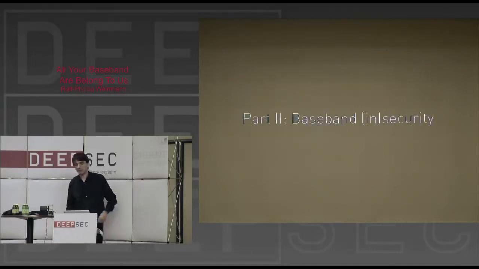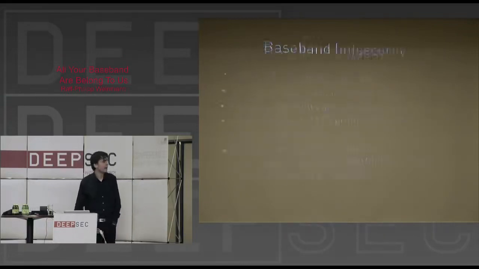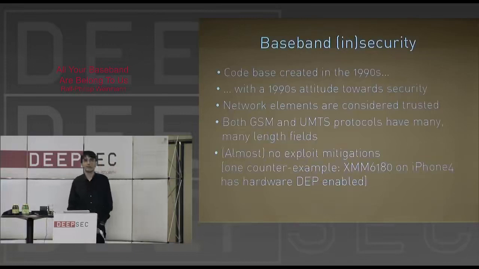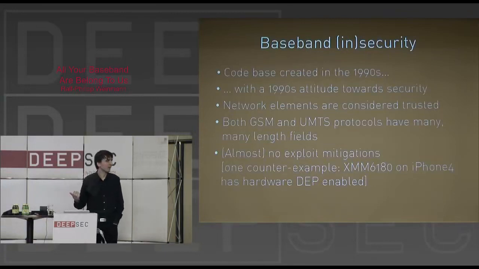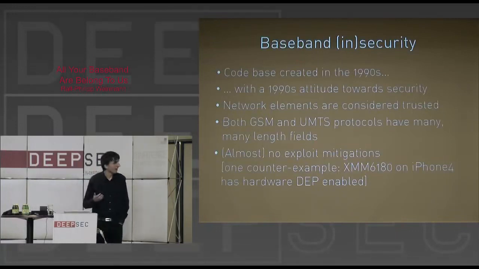So let's talk about security of the software. It turns out that the code base for these things was created in the 90s. That's kind of obvious, because the standard was written in the late 80s. But the problem is that this 90s attitude towards security permeates the code.